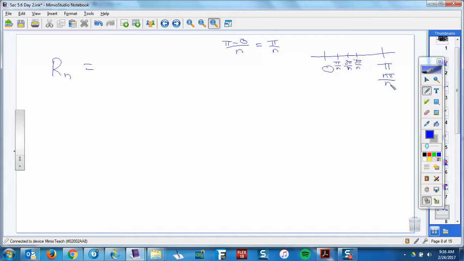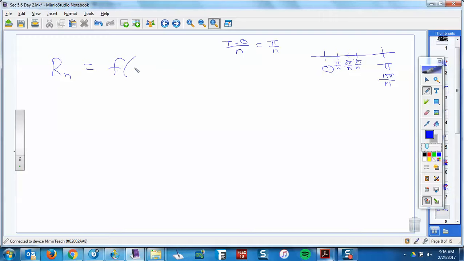And what do you suppose we're going to have inside of our f, in our sigma? F of i pi over n, right? It's 1 pi over n, 2 pi over n, 3 pi over n, but let's write it out. So what's my first right height?